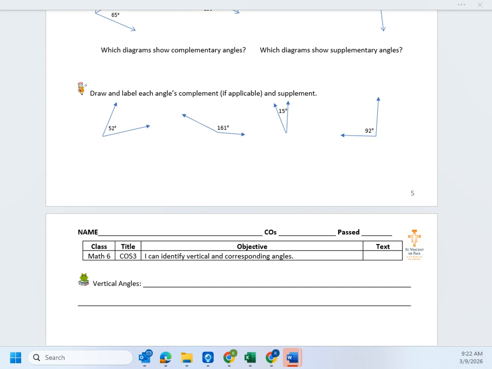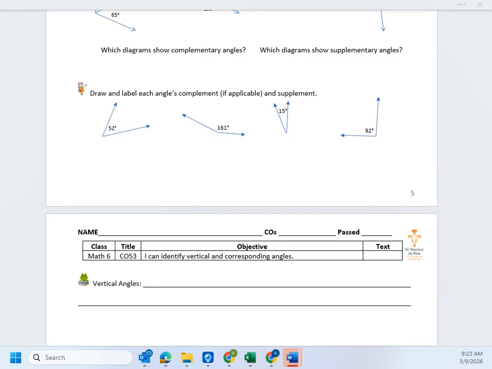So if it's a complement, you would add to it to equal how many degrees? What do complementary angles equal, Michael? 90 degrees. So if we have 52 degrees and we want to know what its complementary angle is, what its complement is, what math do we have to do?